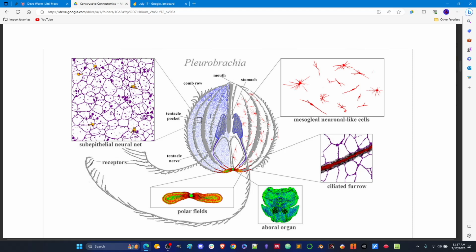And this helps with the function of this organism because this organism needs this sort of distributed processing. You have mesoglial neuronal-like cells in and around the subepithelial layer, and then you have the furrow here at the bottom. And so these are receptors coming out of the body. You have these tentacles coming out, and they're bringing their signals directly into these nets.